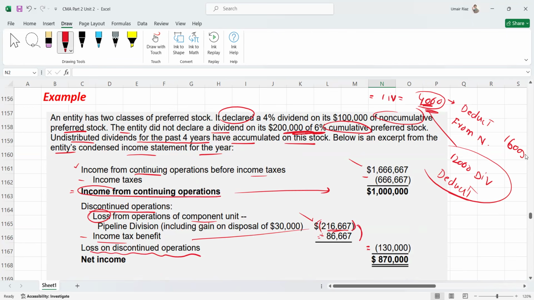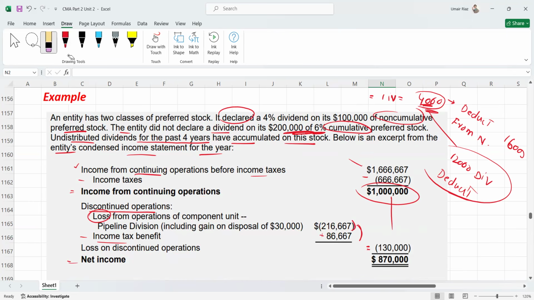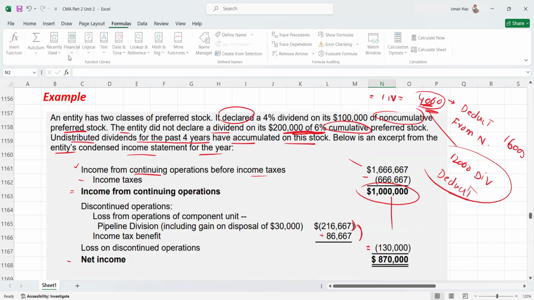Income from continuing operations, which is 1 million, minus the loss on discontinued operations, so 1 million minus 130,000 equals net income. Actually, it's an income statement, and I believe you have a strong idea of an income statement. If you don't, you can search the topics of income statement and statement of comprehensive income on my YouTube channel and watch from there.